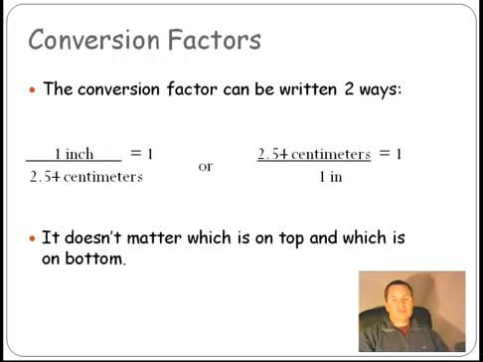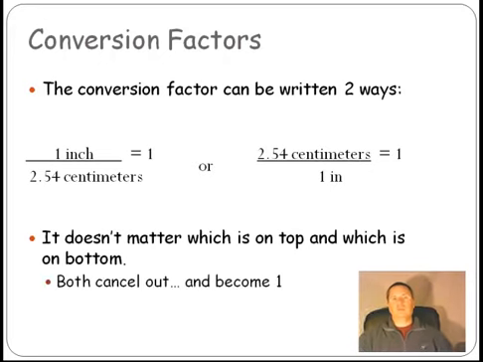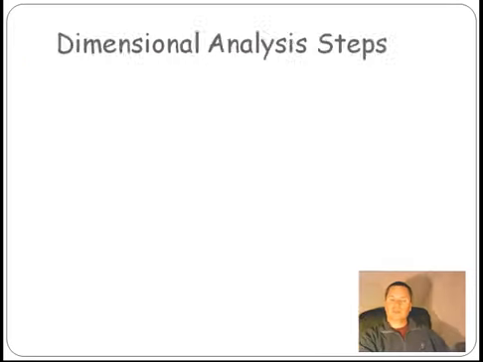Okay, it doesn't really matter which unit goes on top, because what's going to happen is they cancel out and become 1. Okay, 1 inch is equal to 2.54 centimeters. So it doesn't really matter what goes on top or bottom. How do we make that decision? Well, it's based on what answer we're looking for. Okay, and we'll explain that here in the next couple steps.